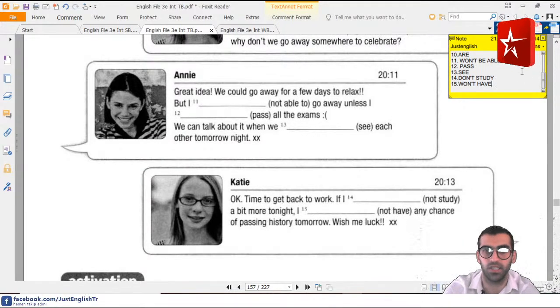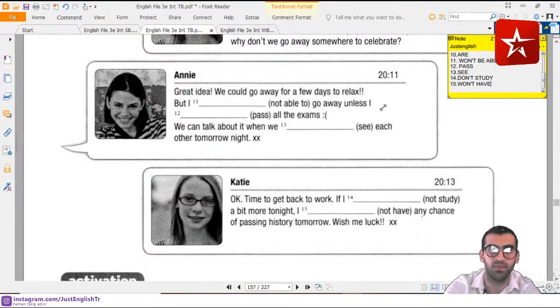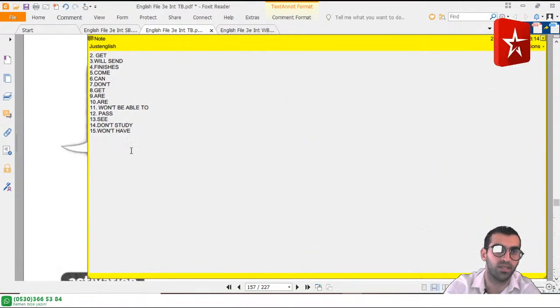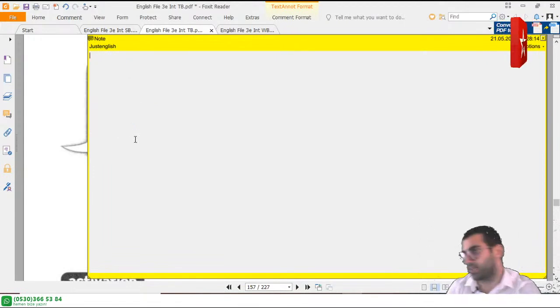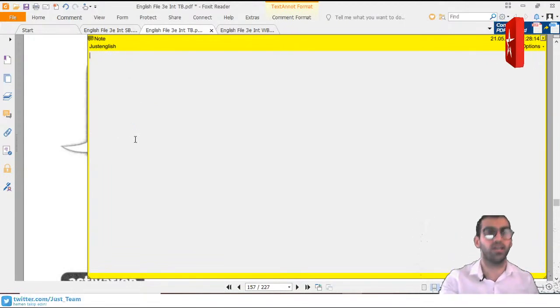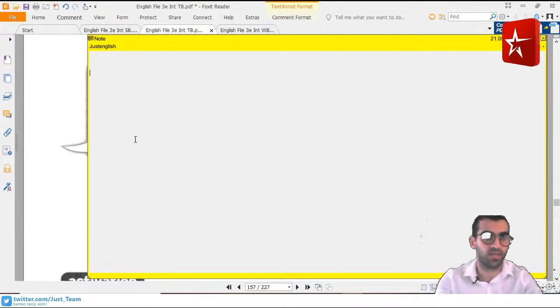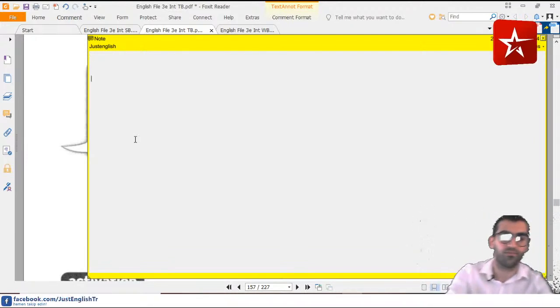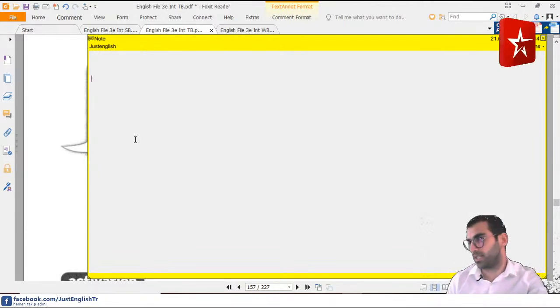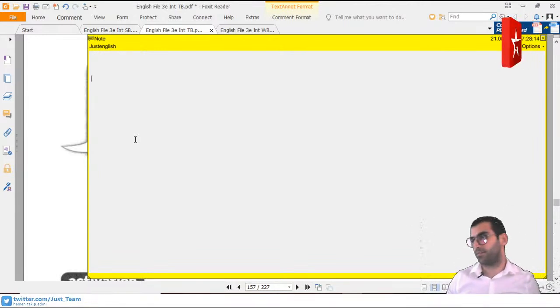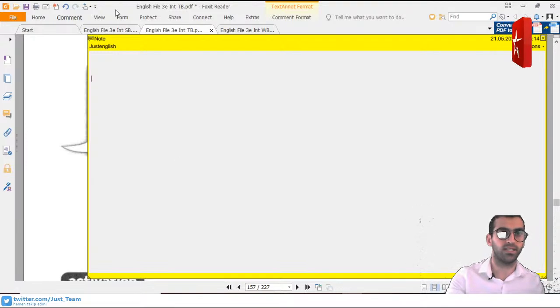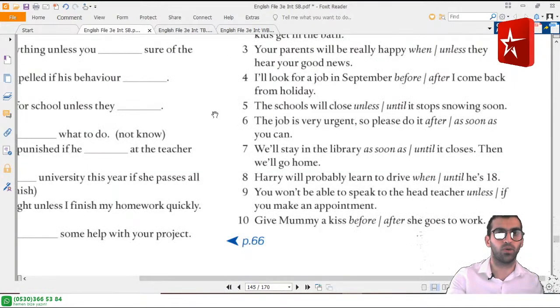And let's continue with other examples. For example, I will write the sentence here. First conditional sentences we talked about, and if you have any question, please let me know.